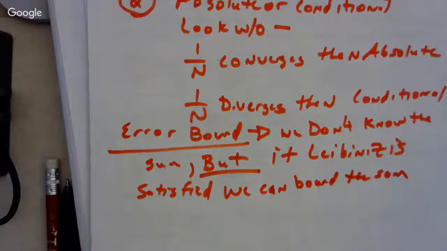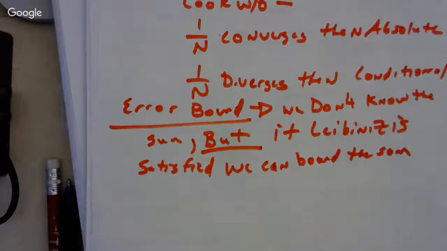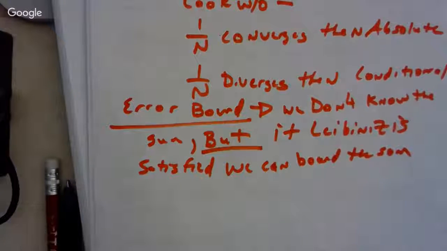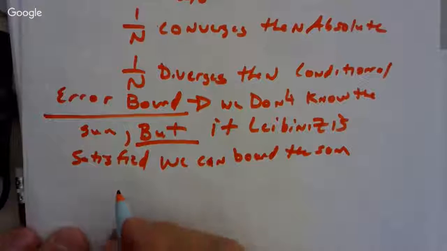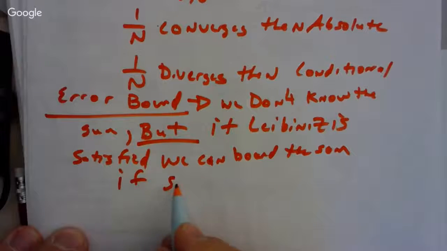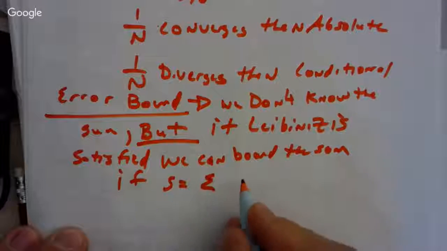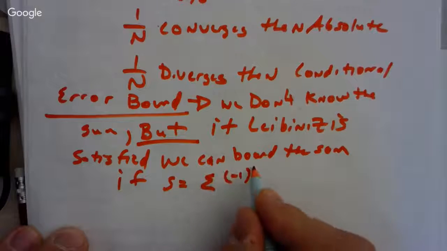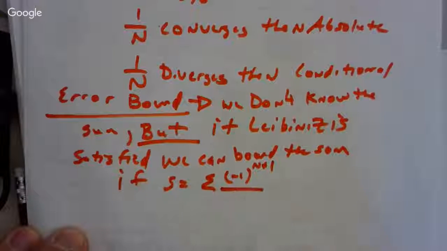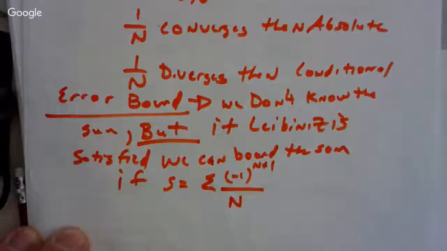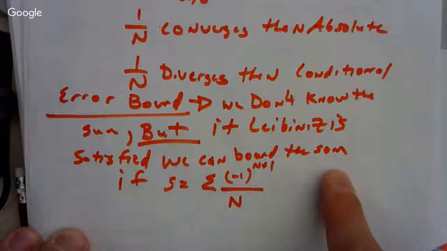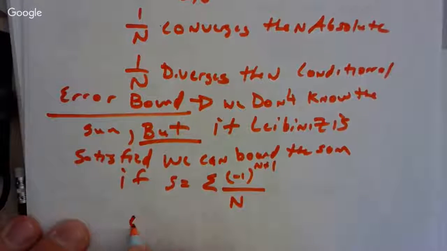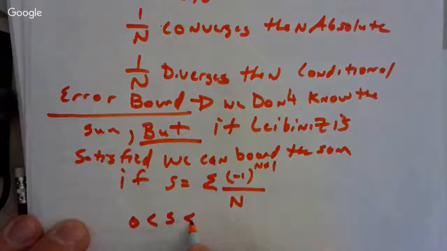In other words, we know it's between 2 numbers. And the nice part is it's between 2 really easy numbers. If S is the sum of (-1)^(n+1) over, we'll just use the one we had before, n, and it satisfied all 3 of those conditions Leibniz set out, then the sum is between 0 and your first term.